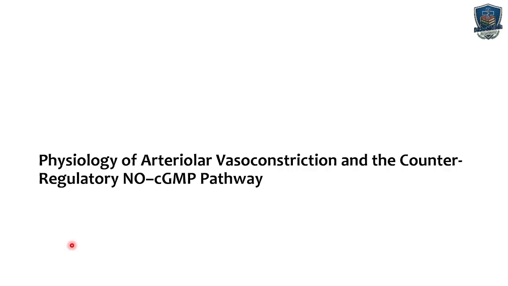So we're going to look at the physiology of vasoconstriction and the physiology of vasodilation. For vasoconstriction, we're going to look at how it happens, the electrolytes involved, the enzymes involved, and we're also going to do the same for the vasodilation pathway, whereby we have the nitric oxide and the cGMP pathway.